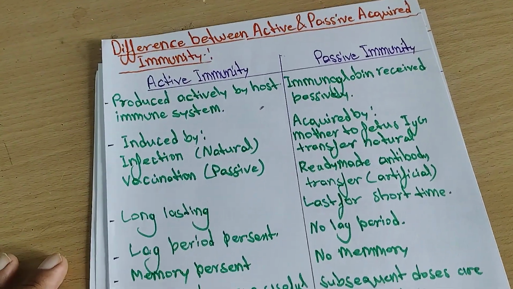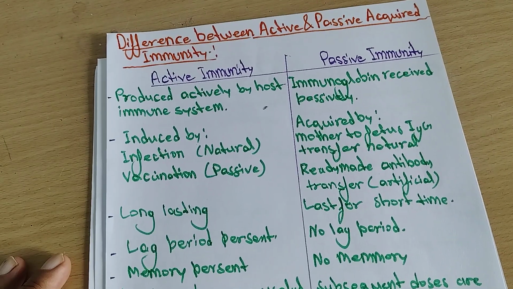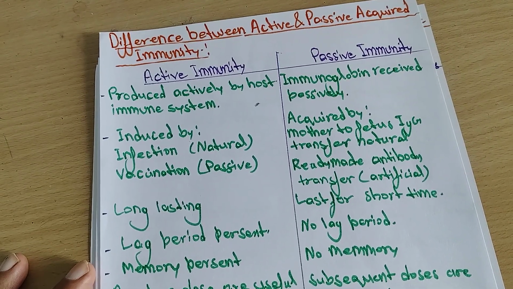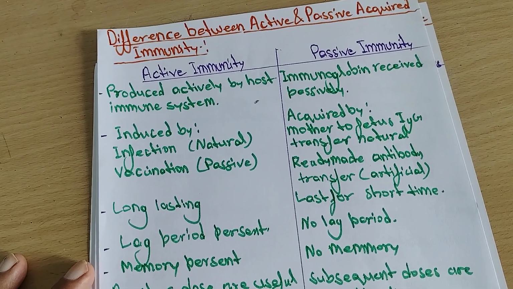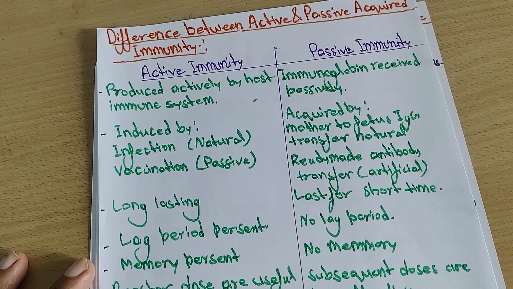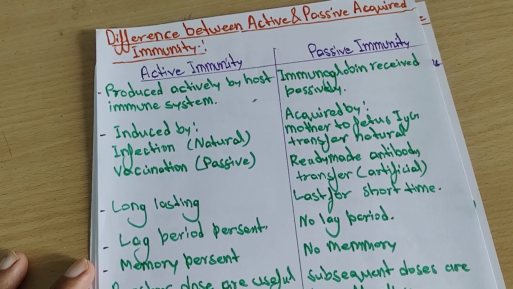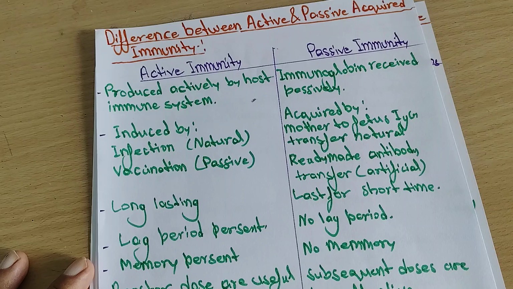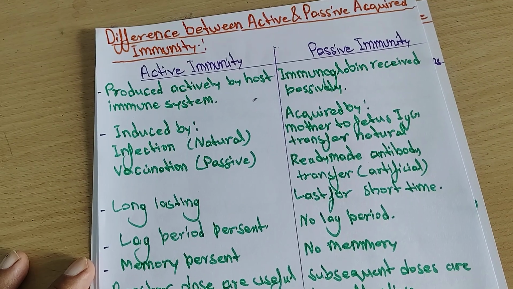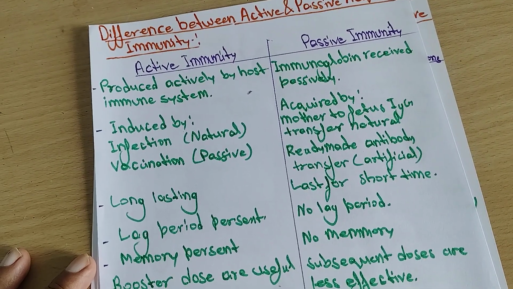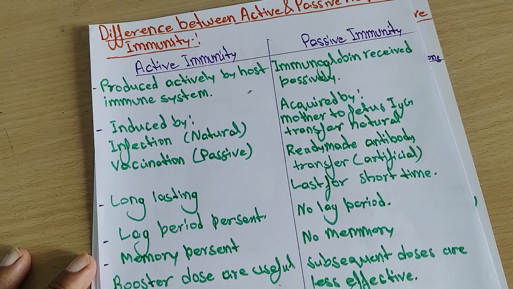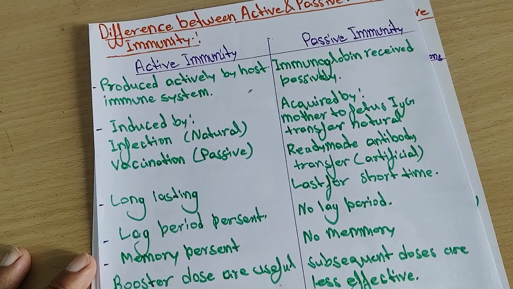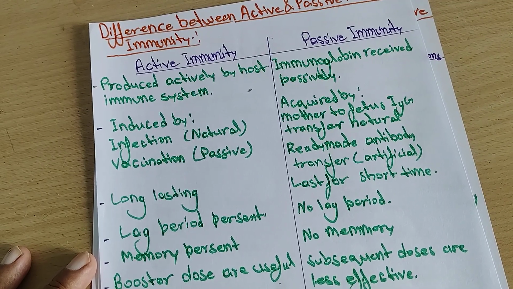Difference between active and passive acquired immunity. Active acquired immunity is produced actively by the host immune system. In case of passive acquired immunity, immunoglobulin is received directly. Active immunity induced by infection is called natural active acquired immunity.